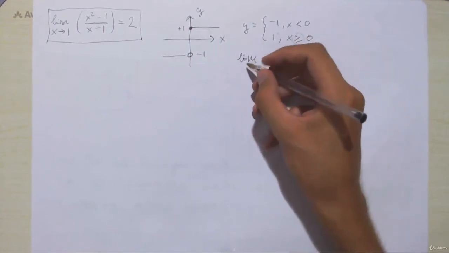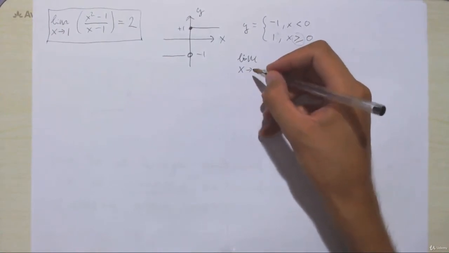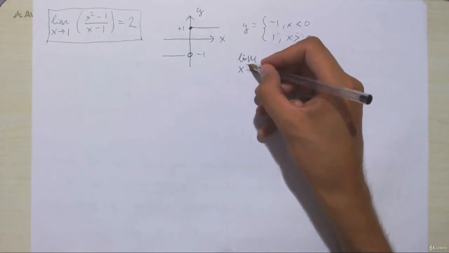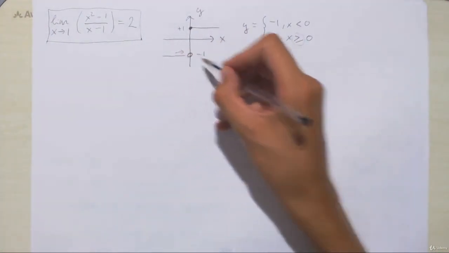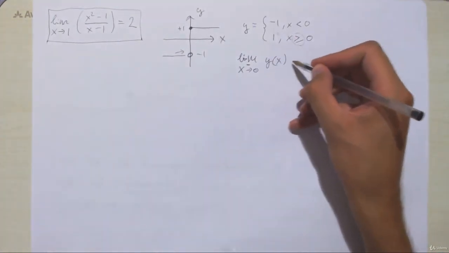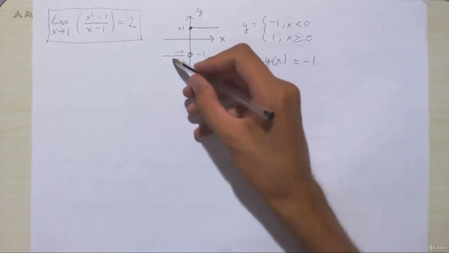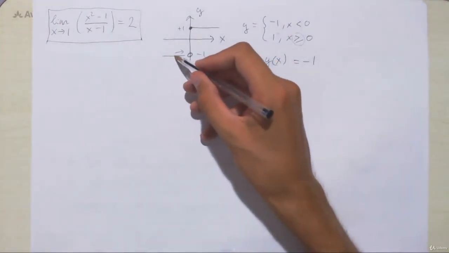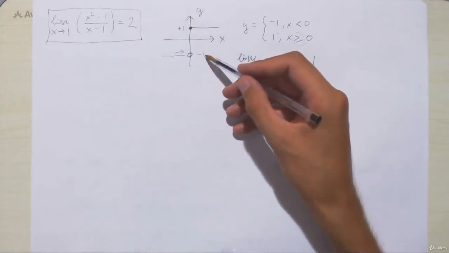Limit as x approaches 0 from the negative side, which is from this side, then y would approach minus 1, right? So from the negative side you approach x equals 0, and then y approaches minus 1.